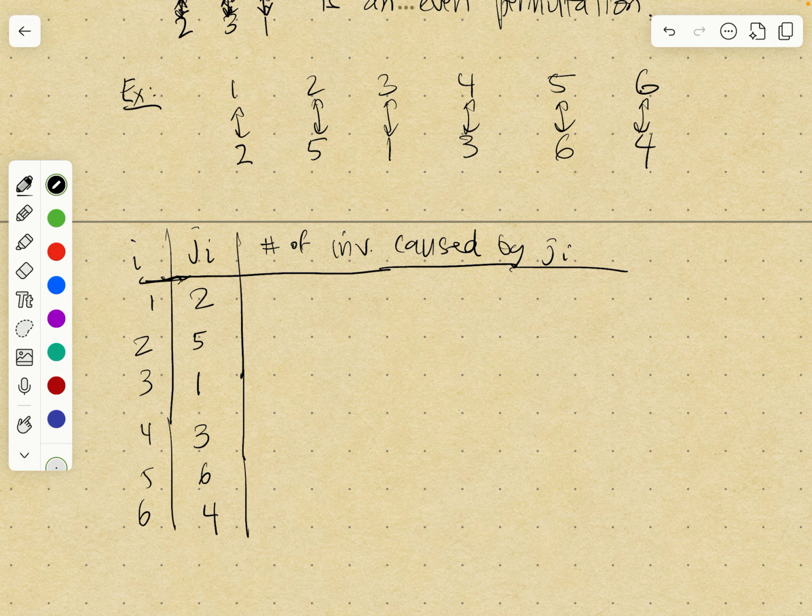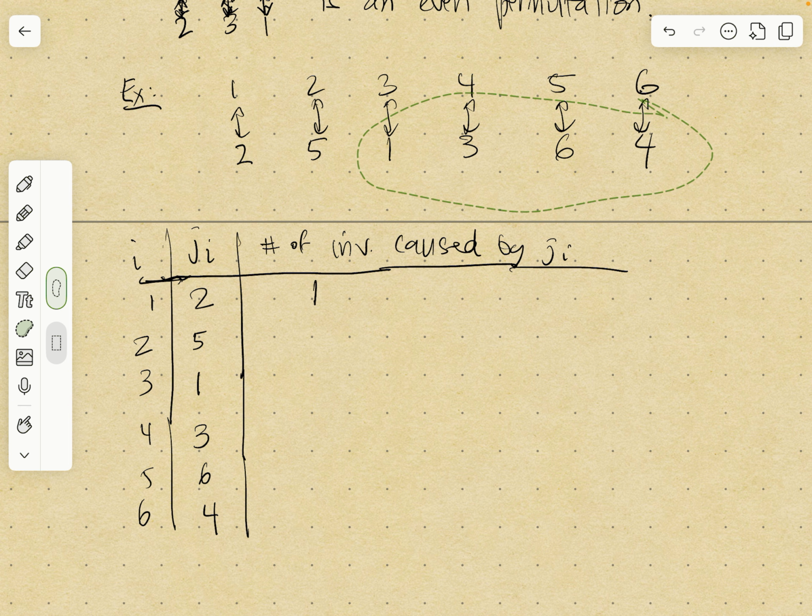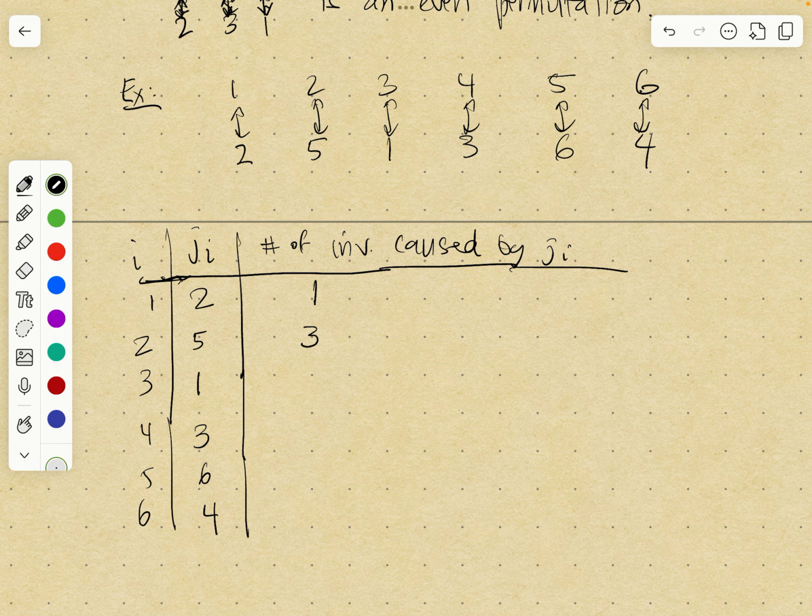Okay, what about the 5? The number of inversions caused by j sub 2 is what? Well, for this 5, we see 4 numbers after it, and of those 4 numbers, there's 3 of them that are less than 5. So it's a 3.